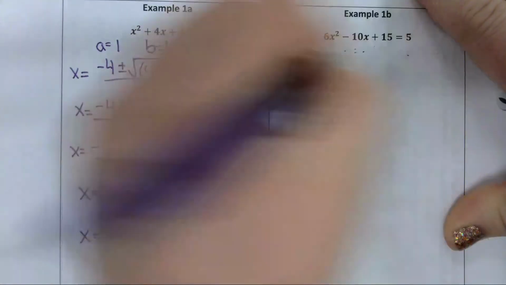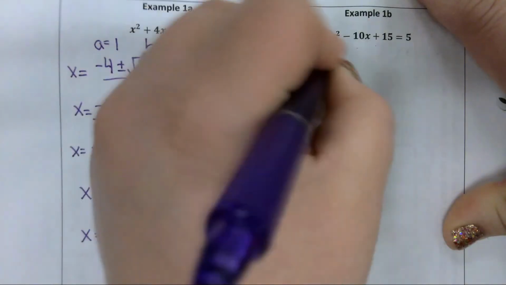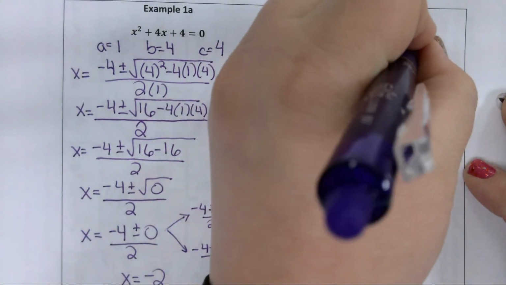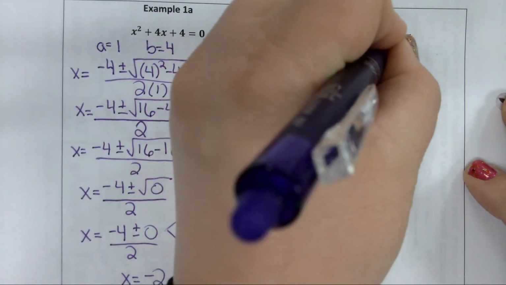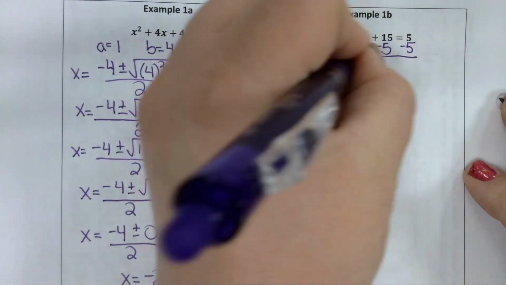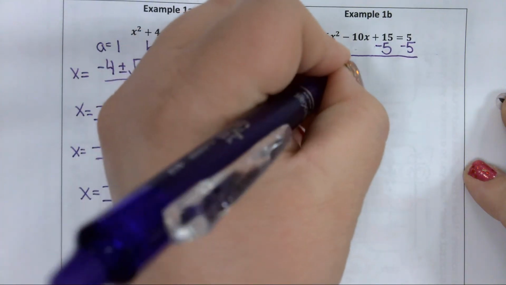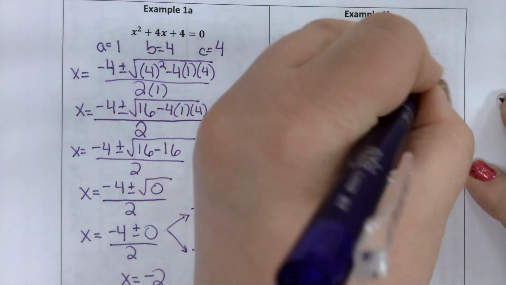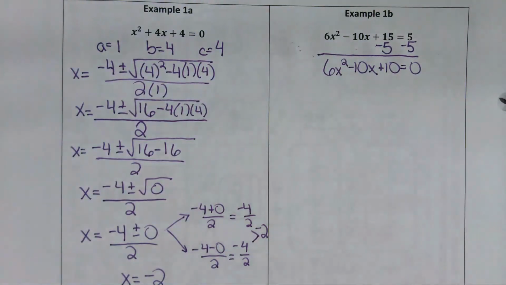And I know that I jumped the gun because it doesn't equal 0. So we'll need to subtract 5 from both sides, giving us 6x squared minus 10x plus 10 equals 0.